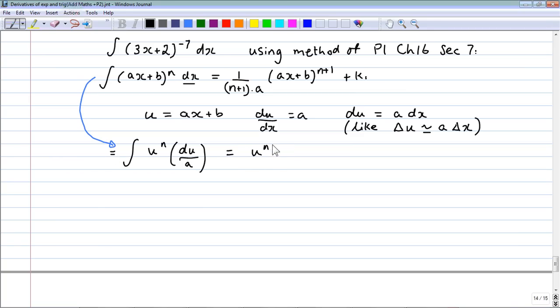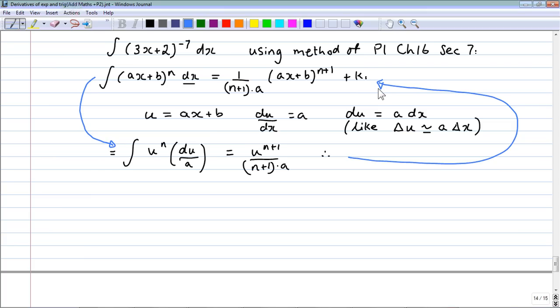So this is u to the n plus 1 over n plus 1 times a. And this gives us the formula we've just stated up here.